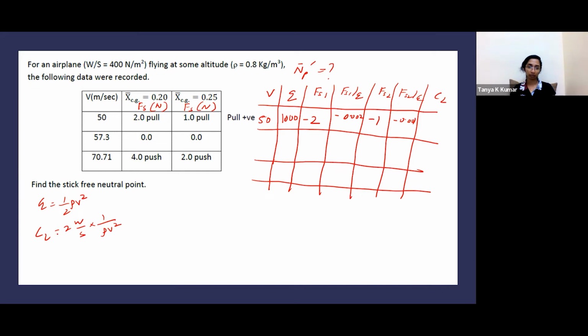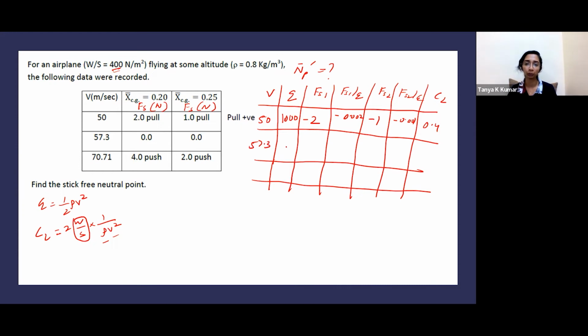W by S is given to you as 400 Newton per meter square. Rho is 0.8, V is 50. How much is the first CL value? 2 into 400 divided by 0.8 divided by 50 square is 0.4. Now fill the table up for the other values.